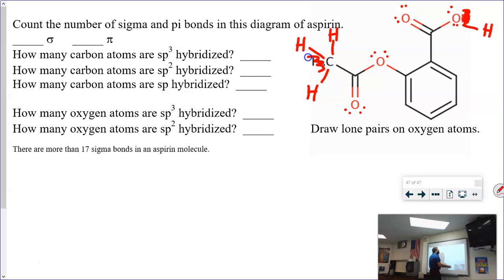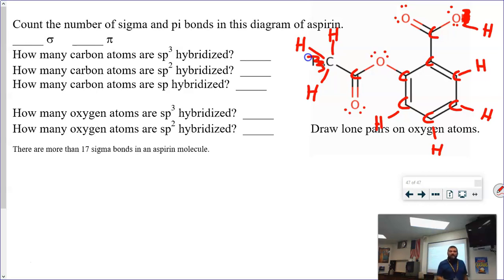Every one of these intersections of these lines represents a carbon. This is a carbon, this is a carbon, carbon, carbon, carbon, carbon, carbon, carbon, okay? And then last but not least, we are missing hydrogens right here, right here, right here, right there. That's a better way of drawing it for us.